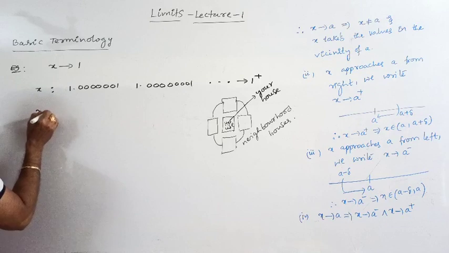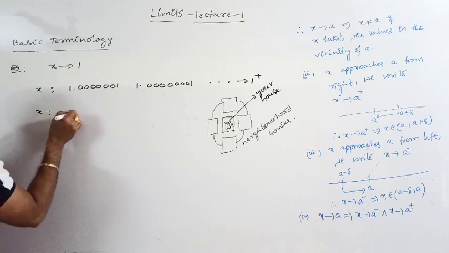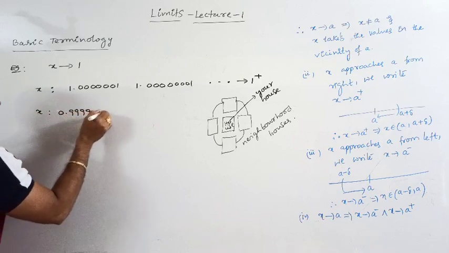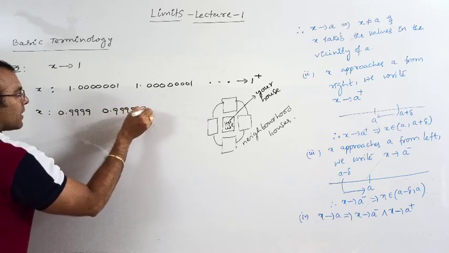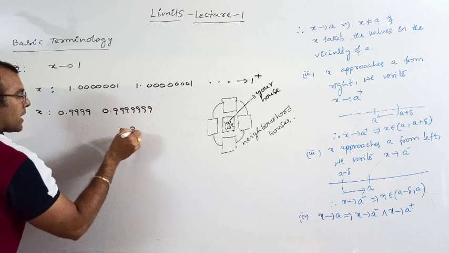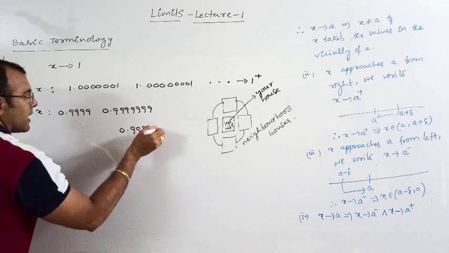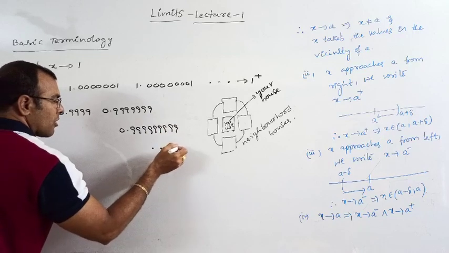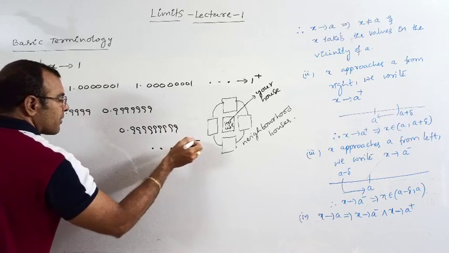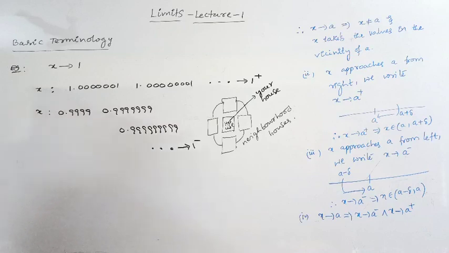You take 0.999, next 0.9999999. You take more nines, more nines, and so on. You are approaching 1 from the left side.